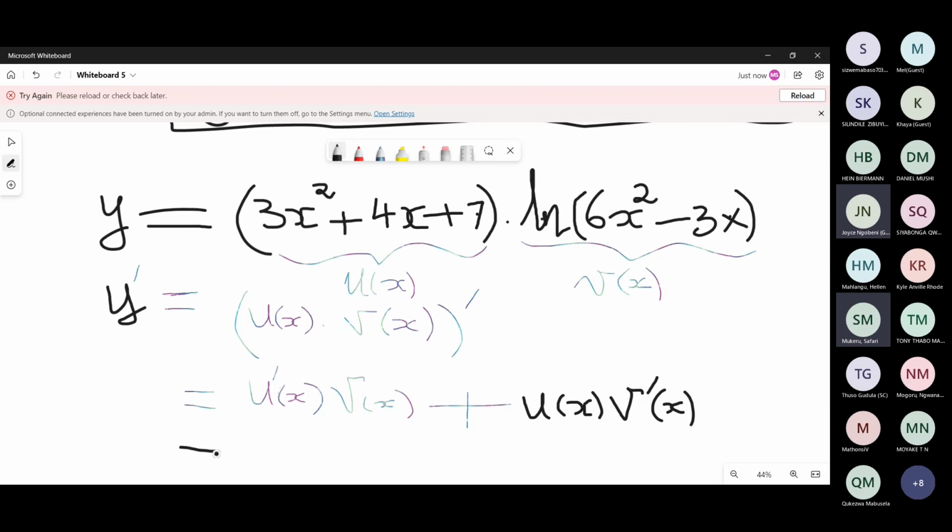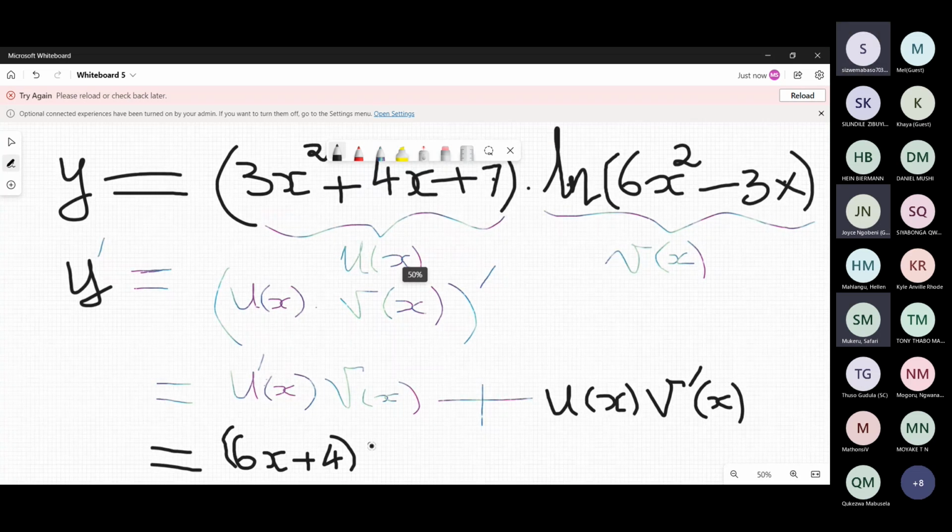So now, what is u prime? It will be 6x plus 4, plus 0. Then brackets, multiply by v, which is ln x. This one we will not touch. Bracket is 6x squared minus 3x.